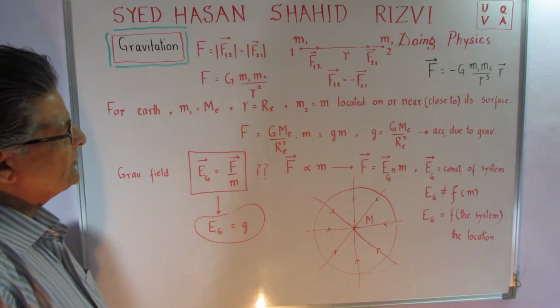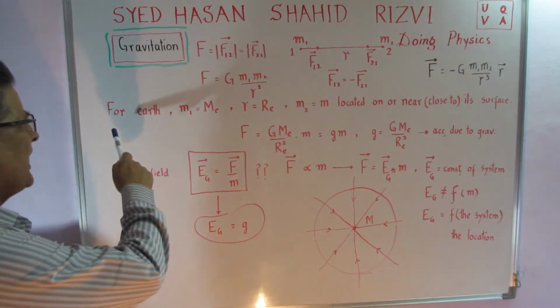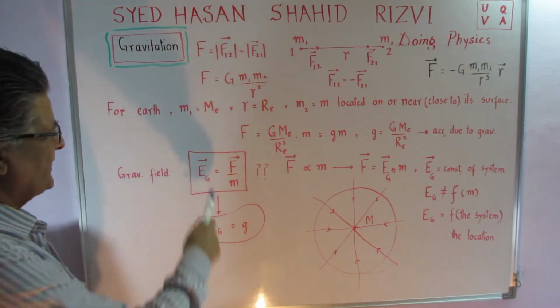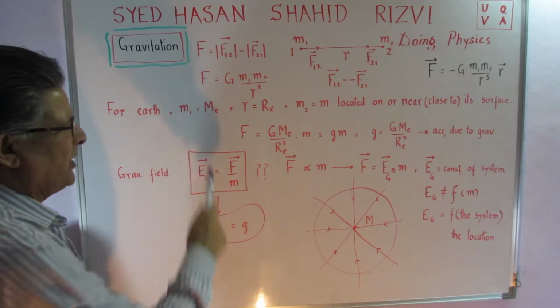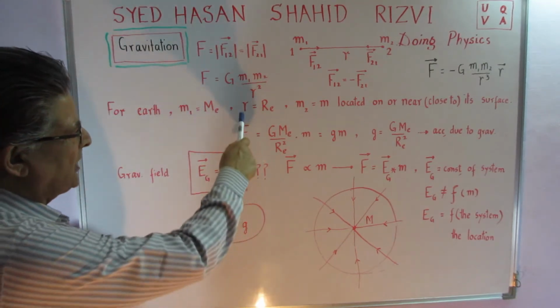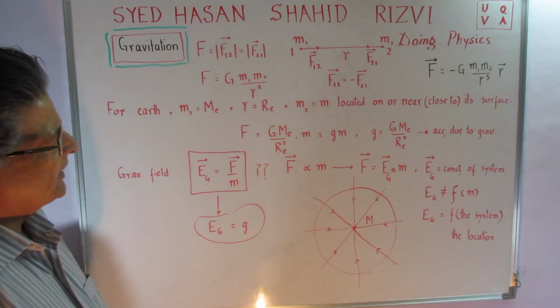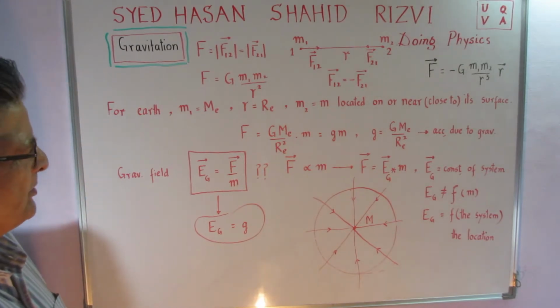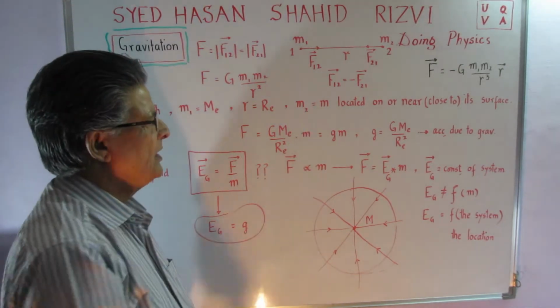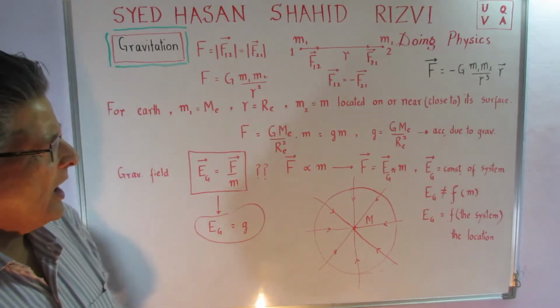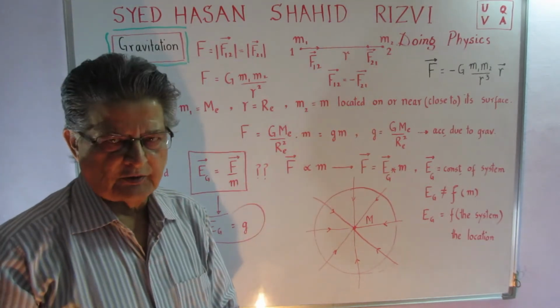Now let us state that for the earth I can write m1 as equal to me, small r is equal to re, the radius of the earth, and m2 is equal to small m, which is located on or close to its surface.